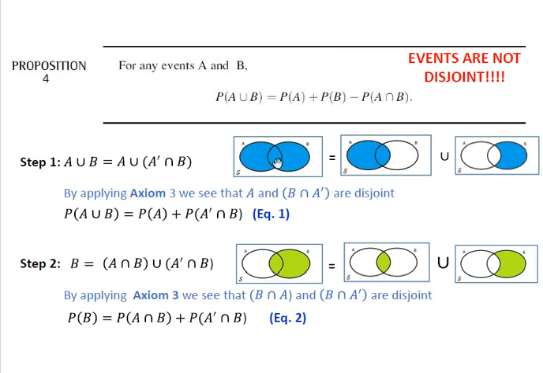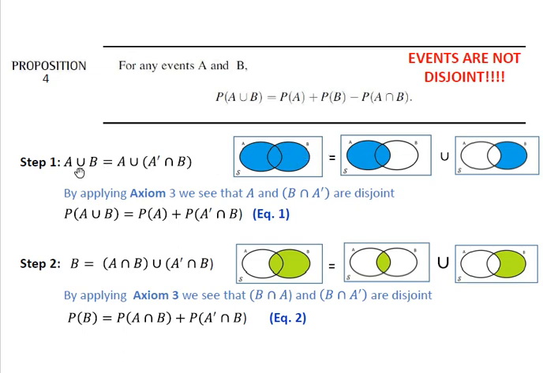From this Venn diagram, you can see the first diagram shows the union of A and B. The second one is A, and the third one is B minus A, or A prime intersection B. We talked about all of these Venn diagrams in previous videos.